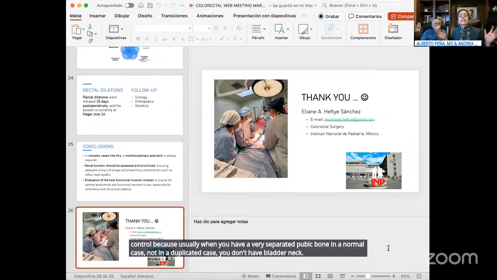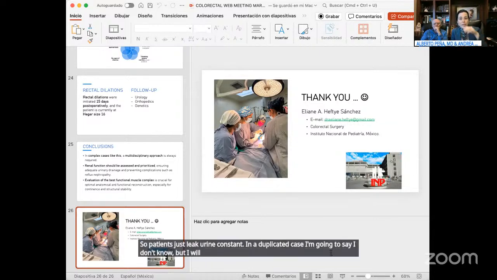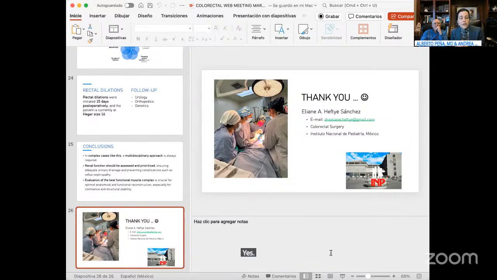So patients just leak urine constantly. In a duplicated case, I'm going to say I don't know, but I will be surprised if this patient indeed has urinary control. If she does, for patients that we have seen that have duplicated bladder, duplicated urethra, yes, they can have urinary control. In this case, I am not sure, but if she has, great.